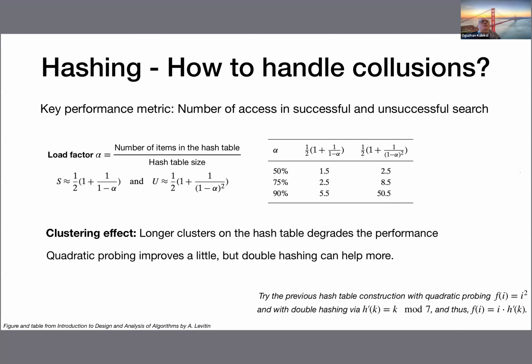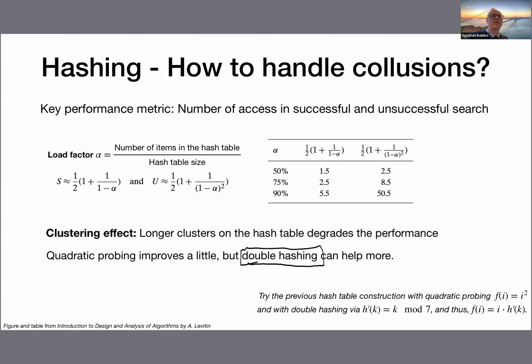And then the next question is, okay, I would like to have a good hash table. How can I do it? Actually, if you would like to have a good hash table, instead of linear probing, you can try other collision handling mechanisms. Mostly, this double hashing scheme helps more than the quadratic probing or the others, okay?